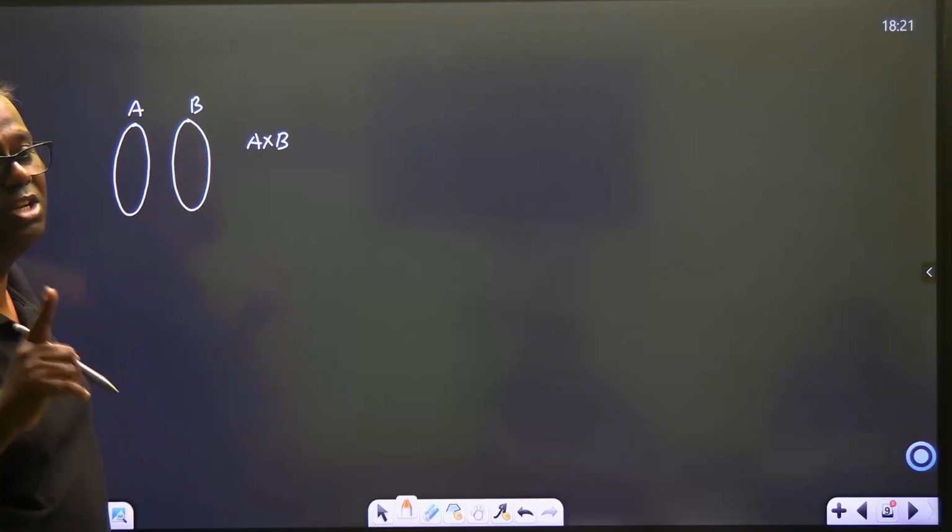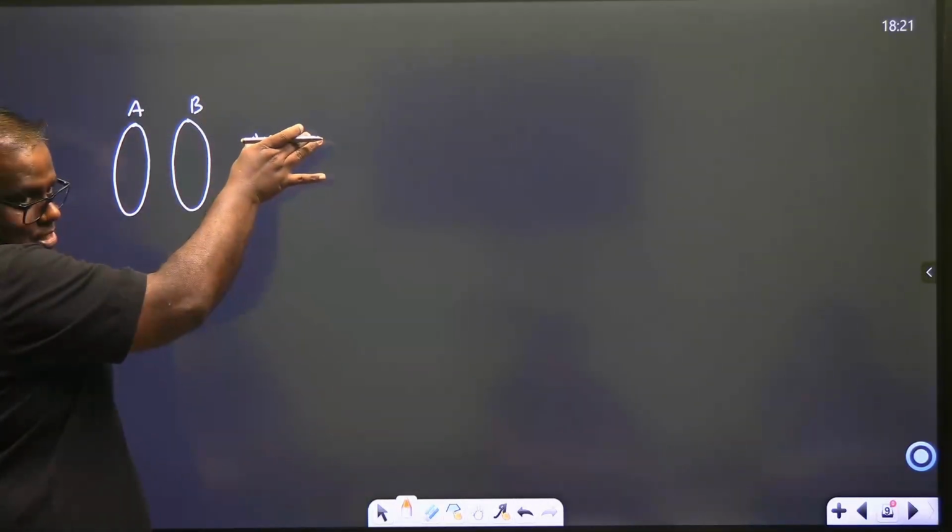Have a look once again at what I'm trying to say. In grade 11 we had an A and we had a B. Once you do A cross B, you get what is known as the Cartesian product. Relations are subsets of this.